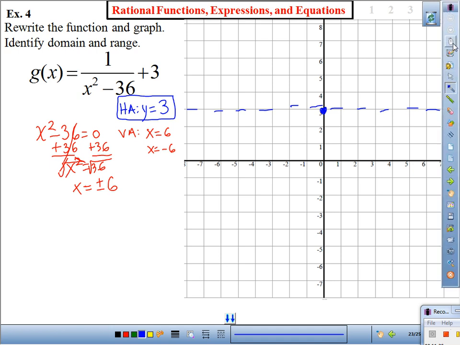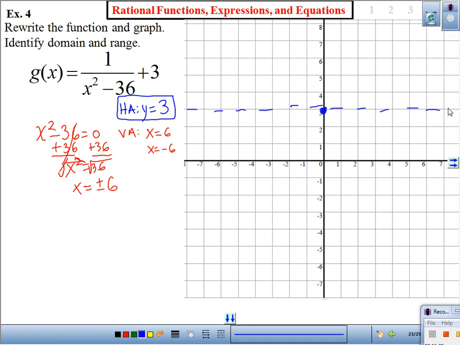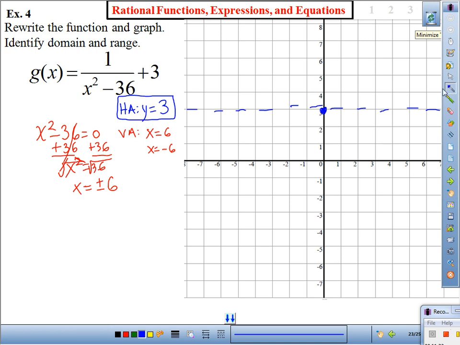Then I'm going to plot the vertical asymptotes at negative 6 and positive 6. All right. Now check this out.